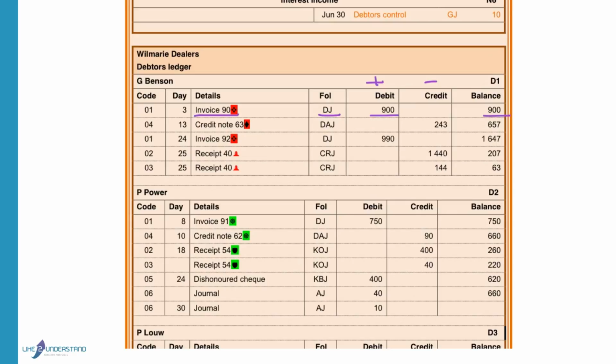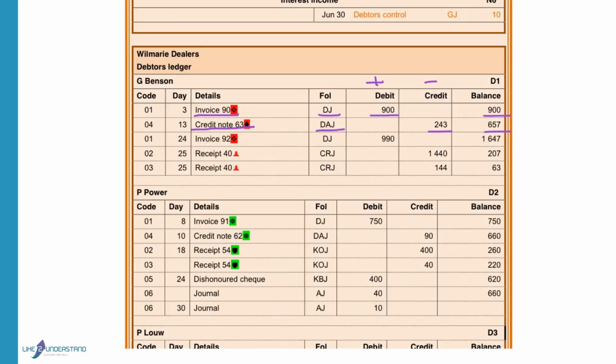If they return goods, we will issue a credit note, and we will also indicate the number. This was posted from the debtors allowances journal. We want to reduce this debt, so we will credit them with 243. The new balance is then 900 minus 243. That will give me 657.